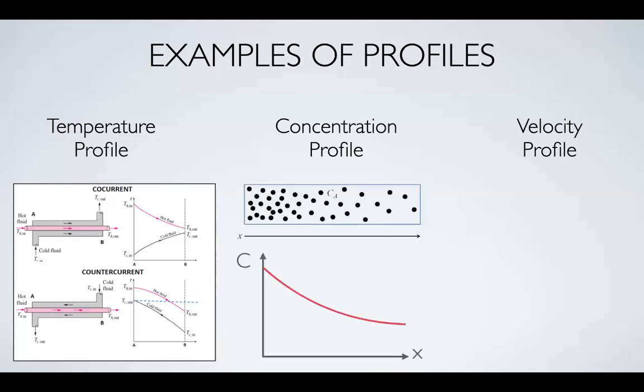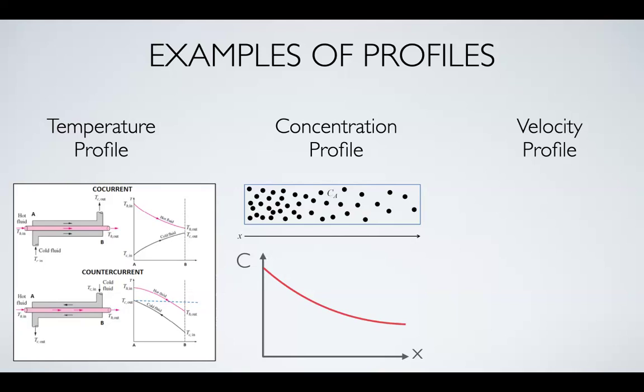And in terms of concentration, if there is a gradient or difference of concentration from one location to the other, the higher concentration is going to be transported to the lower one. So what you get from this type of system is a concentration profile that looks like this.